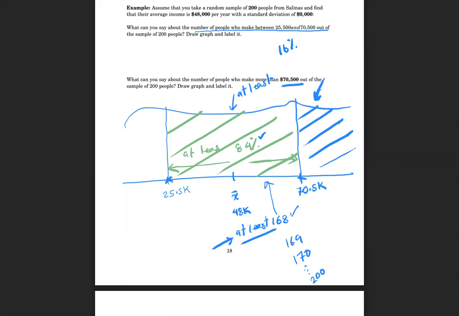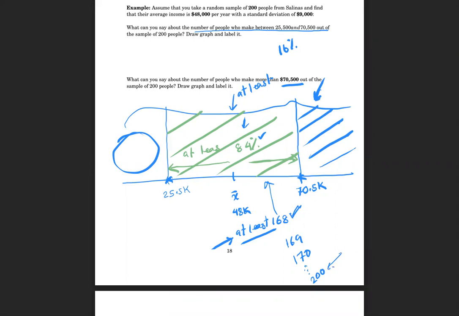So if 168 or more of them are in the middle, what could be outside, to the right and also to the left? The outside could be what? At most. So see, the lowest the middle could have is 168 people. But what if 200 people are in the middle?